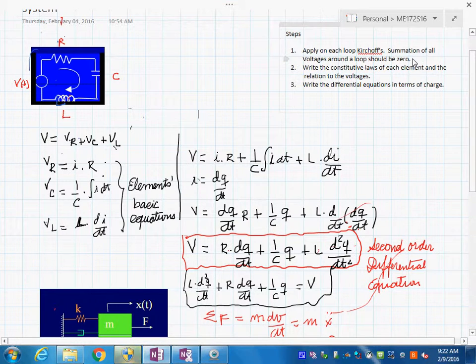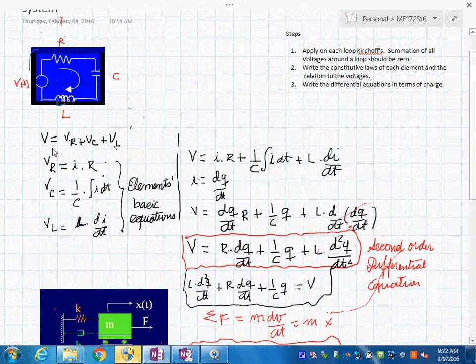The summation of all voltages around the loop should be 0. That step is revealed right here. The summation of all the voltages, the input voltage equals the output voltage, is the same thing as saying the summation of all voltages is 0. So you could write it on one side of the equation and set it equal to 0. You could write it the way you see it here.